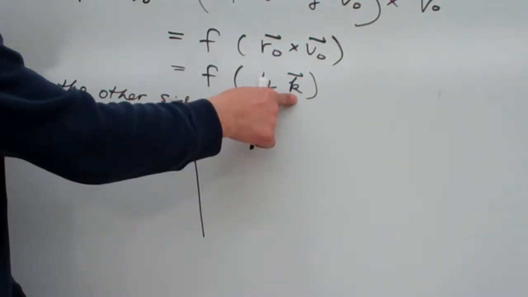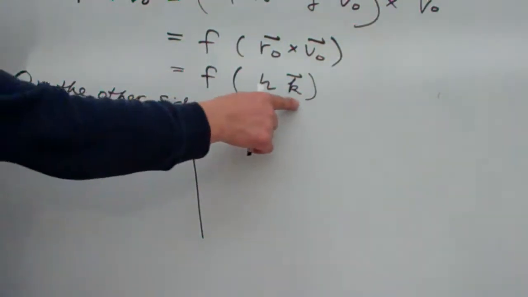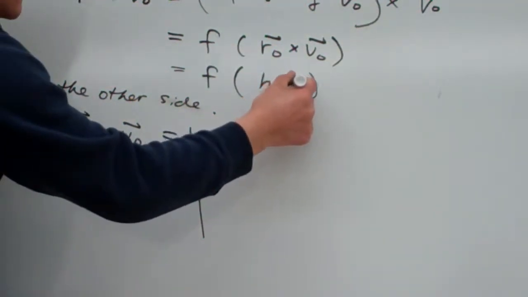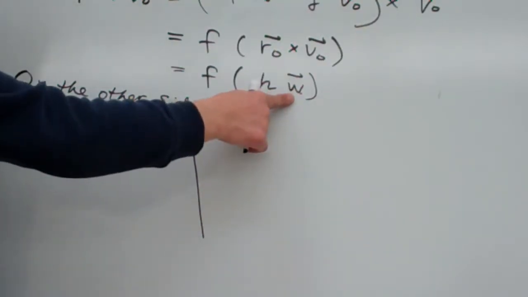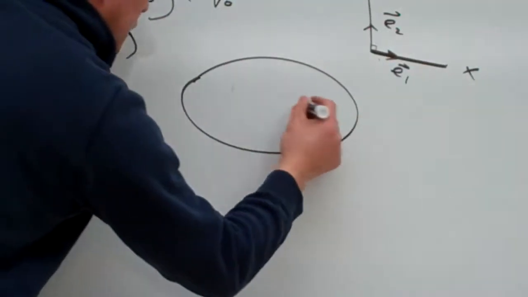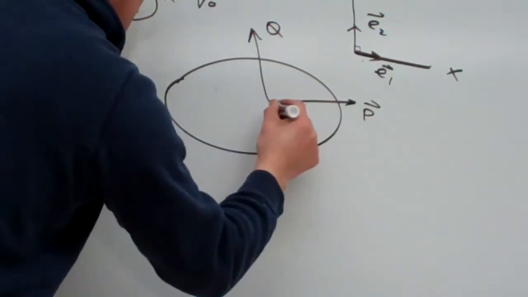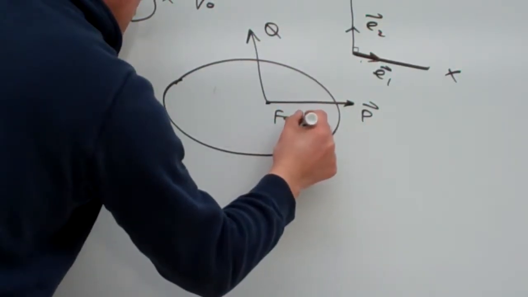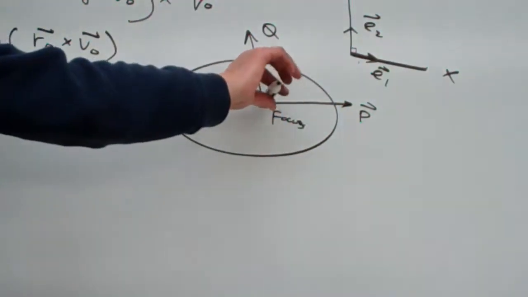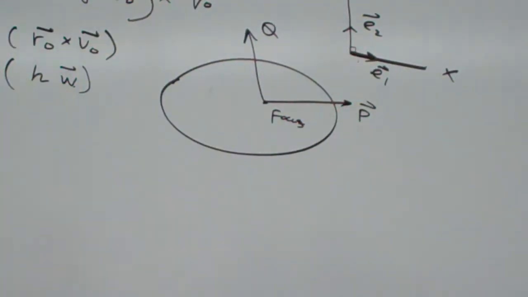Because K is out of the orbital plane, which is aligned to our W in the PQW, perifocal system. This is our orbit, and we define this as P, and this as Q, and this is our focus. And the out-of-plane is W, and W basically aligned to K. So basically, let me swap to K, W.